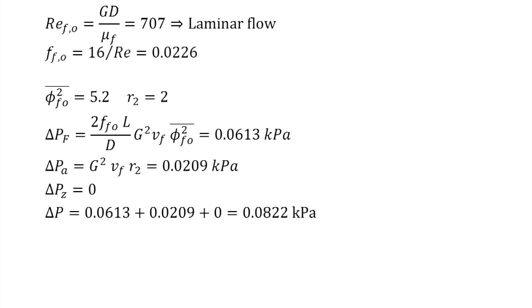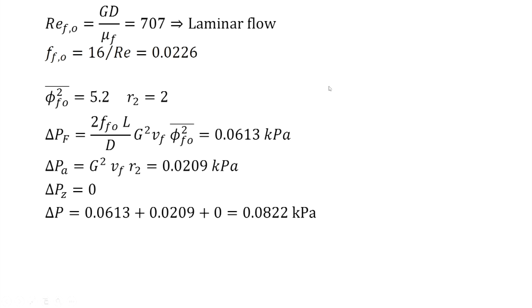So, phi FO square bar we get from the Martinelli and Nelson graph for the given pressure and outlet quality. We know the pressure and the outlet quality, and then we get phi FO square approximately 5.2 from the graph, and for the same given pressure and given outlet quality we get R2 as approximately equal to 2.